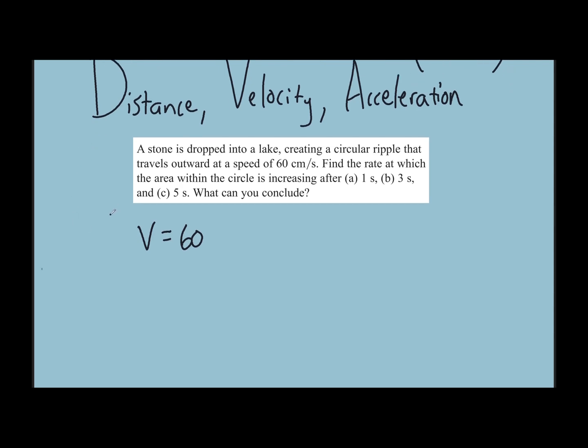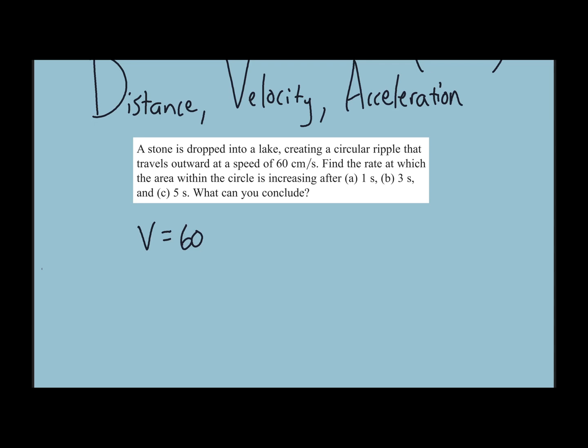It's not really a velocity in a way, because it's starting as a circle and it ripples outward. They're saying the ripple's moving out at a velocity of 60. But the area itself is this whole space here. And as that increases, maybe it's different with each second. Look at the size of this ring. That might be even bigger each time. So let's see what happens here.